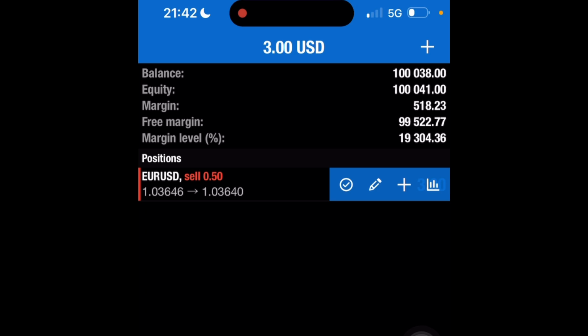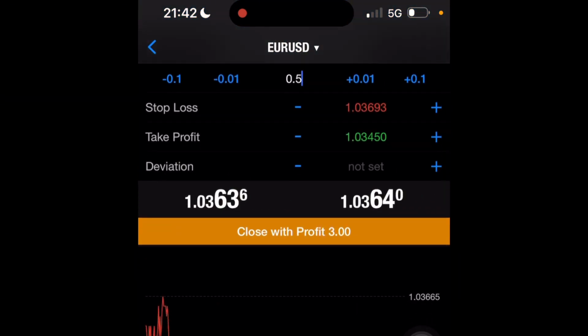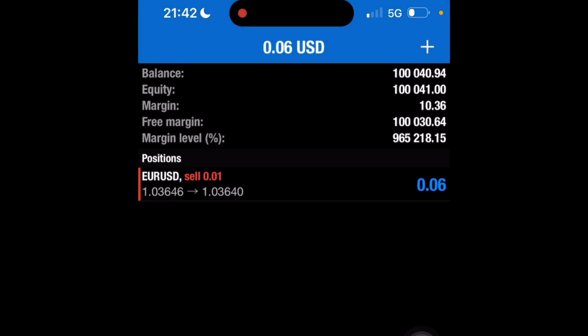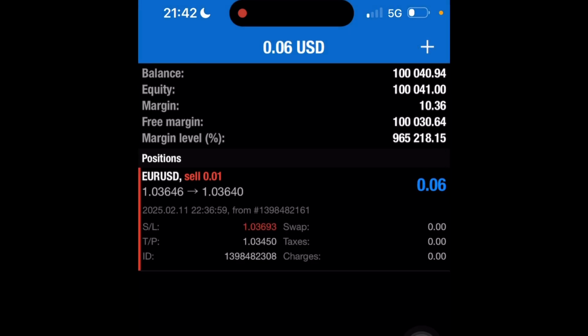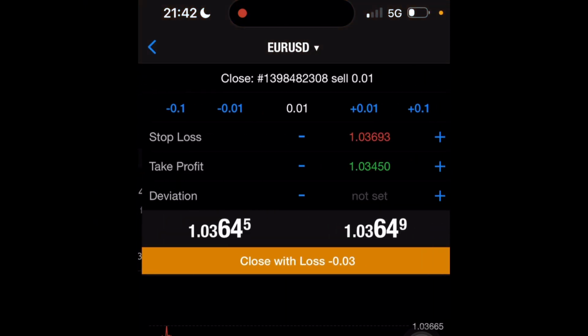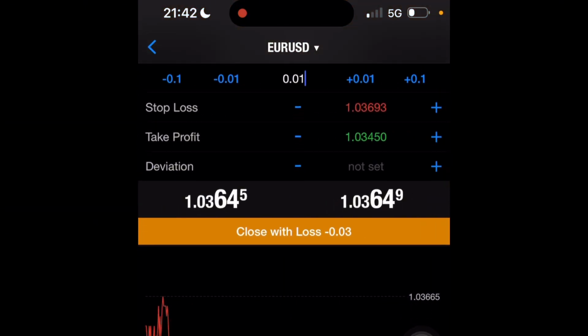So you can keep closing partials from a specific position until the position hits the minimum of 0.01. For example, I have 0.5 there. If I close 0.49, this is the minimum lot size that the broker will permit me to trade, so I can no longer divide this position. As you can see, this is 0.01.